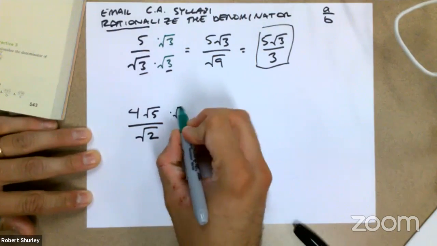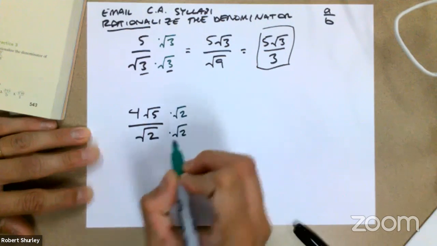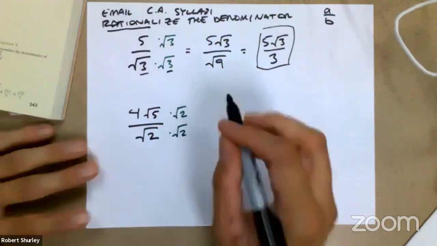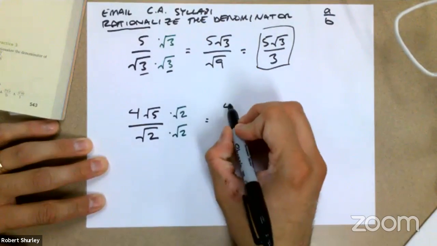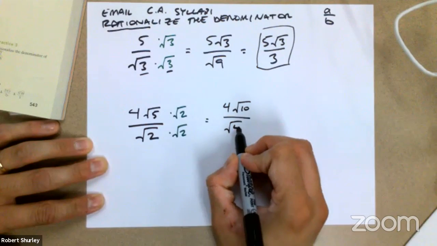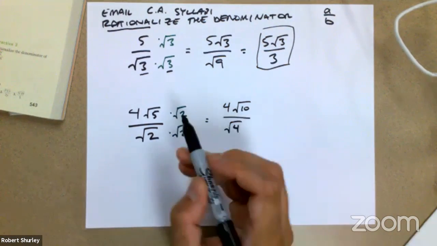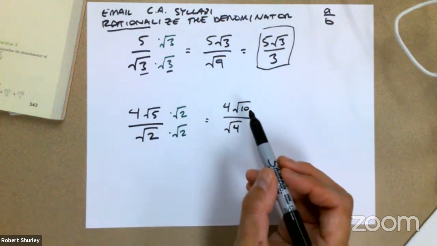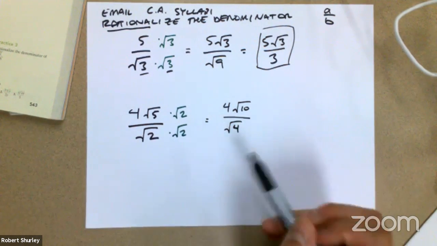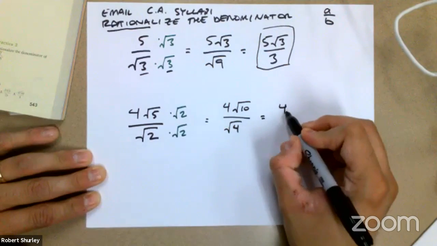I'm going to multiply the square root of 2 on top and bottom because that's the radical in the denominator. And I wind up with 4 square root of 10 over the square root of 4. When you multiply the square root of 5 and the square root of 2, you get square root of 10, and square root of 2 times square root of 2 is square root of 4. And the square root of 4 is just 2.